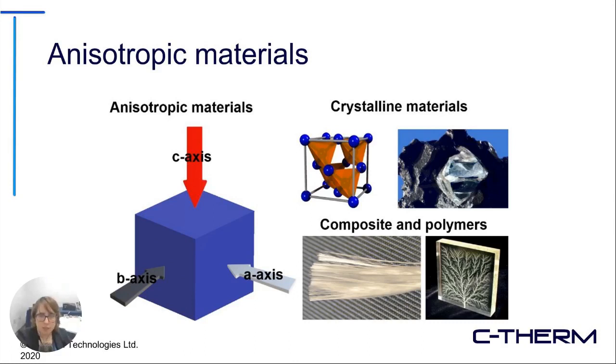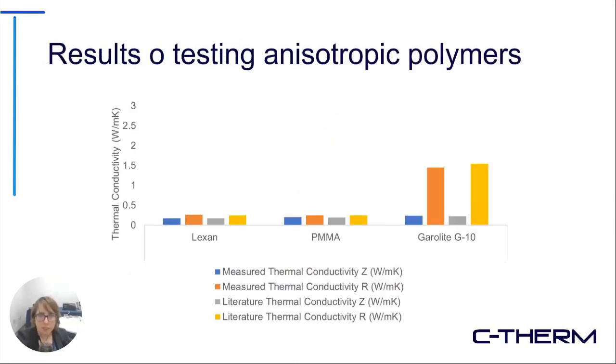These are some test results looking at anisotropic polymers: Lexan, polymethyl methacrylate, and finally garolite G10, comparing the expected thermal conductivity provided by the supplier versus the measured thermal conductivity.